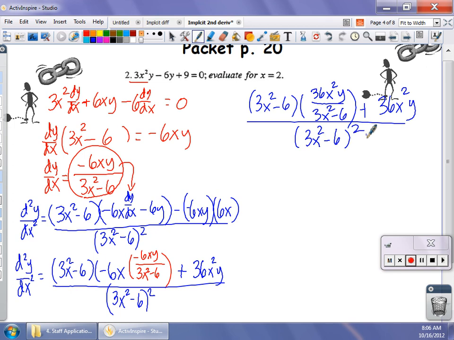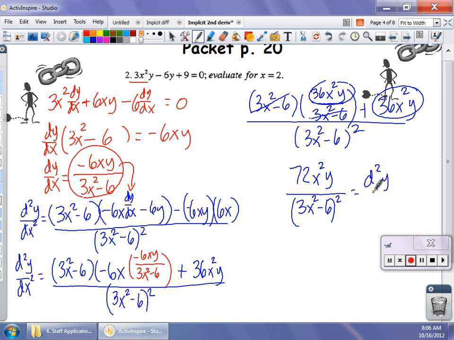Oh, that worked out better than I thought. The 3x squared minus 6 divides out with the 3x squared minus 6. And so that leaves me with a 36x squared y plus a 36x squared y, which is 72x squared y over 3x squared minus 6, which is my second derivative if I didn't make any calculation error.